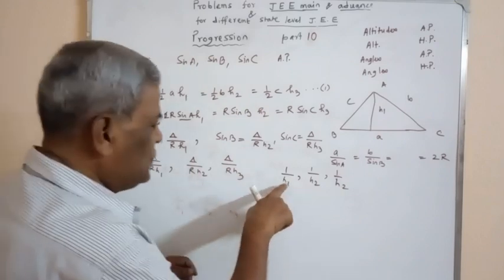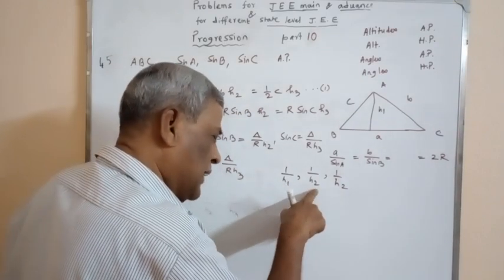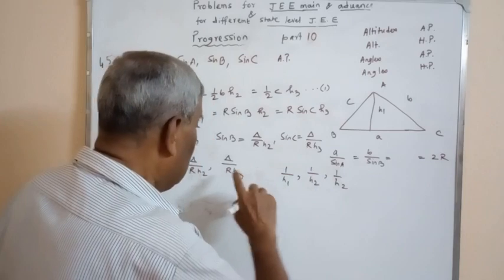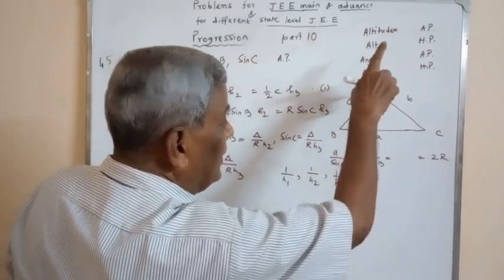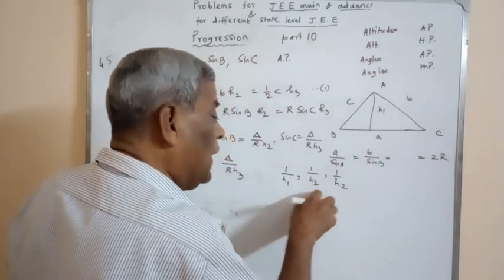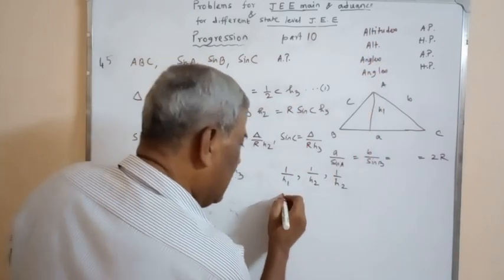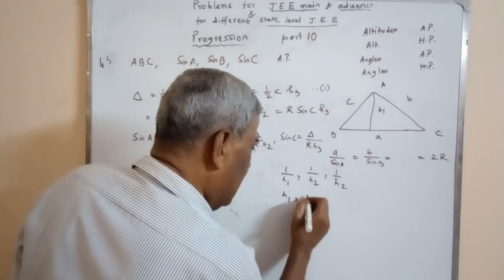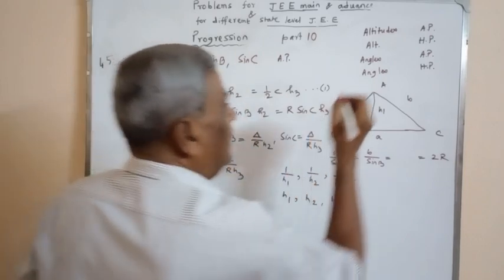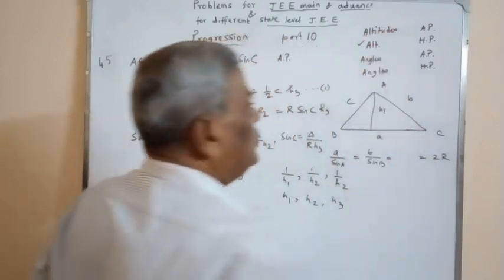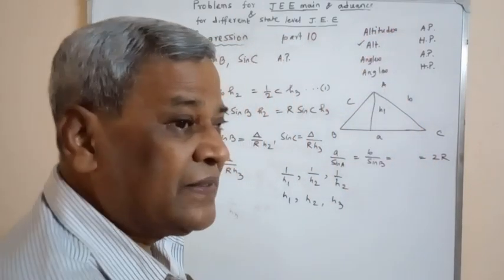This is an altitude, this is another altitude, third altitude. The reciprocals of the altitudes are in AP. Therefore, altitudes H1, H2, H3 must be in HP. So, our second option is correct.